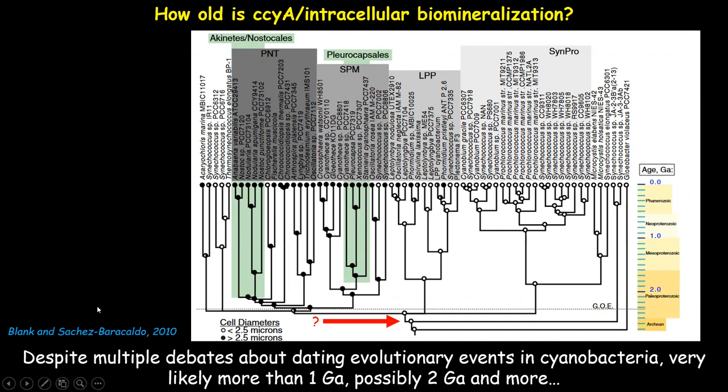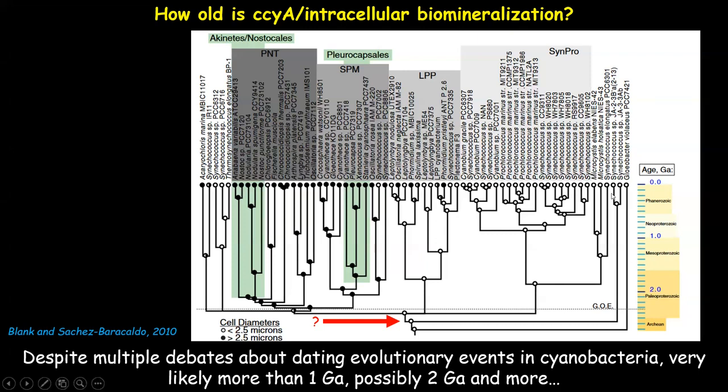There are many others giving different numbers, but in this study, for example, they turn this tree this way, and in this way you have time. So the scale for them is time. Basically, they look at how many differences in a given gene there are between two sequences, and the more you have, the higher the time.